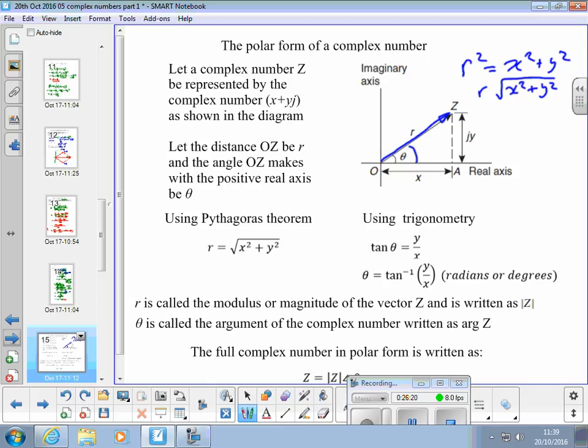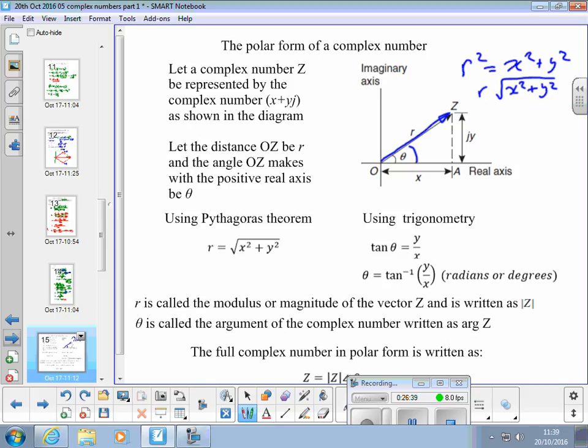So if we want to find the angle, it is the inverse tangent, tan to the minus 1 of y over x. And that angle can be expressed in either radians or degrees.